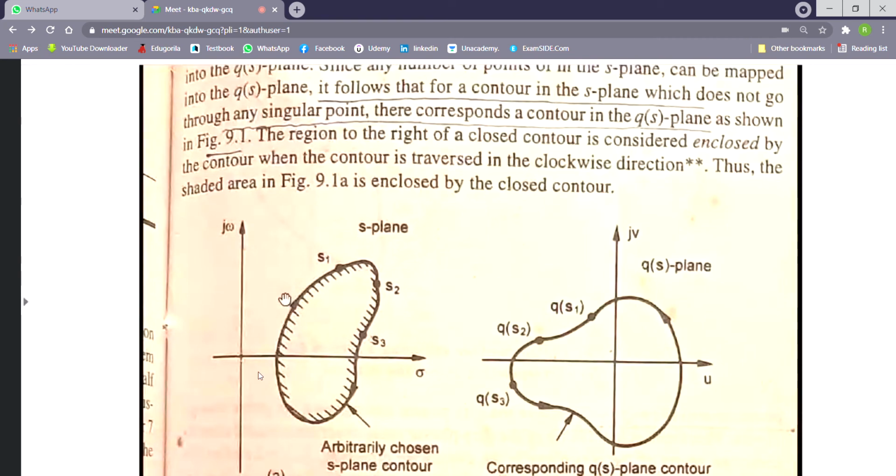This region is lying to the left of the contour. This region is lying to the right of the contour, only if we move along the contour in the clockwise direction. Clear?